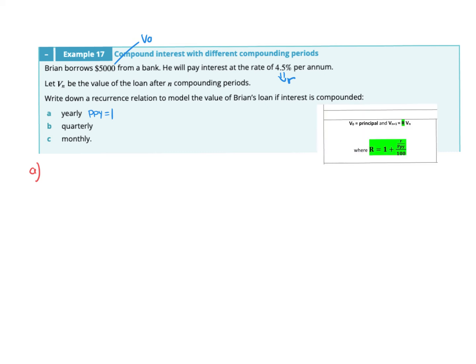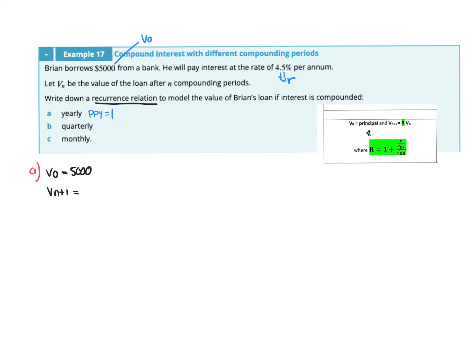This is our recurrence formula for compound interest. So we've found it here. If I'm doing the first one, you can see I've got to write VO, because when you write a recurrence relation, you always got to write VO, so 5,000. And then I've got to write the Vn plus 1 rule, which means I will use this formula here.